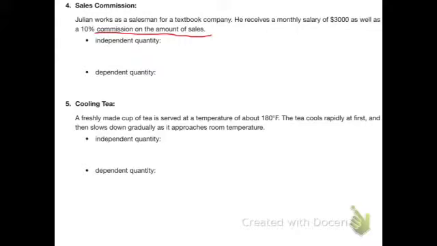How much he's getting depends on how many sales he makes. And so the dependent would be his total commission. Okay? And that also kind of deals with his monthly salary. So his salary would be $3,000 plus the commission. But the commission part's the one that's changing. And the independent would be the sales, like how many books he ends up selling.